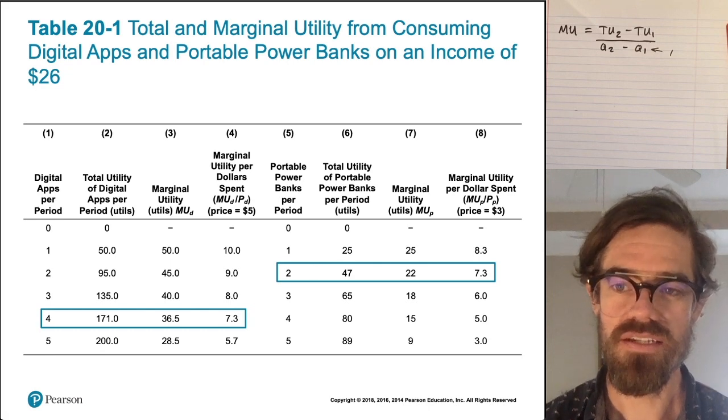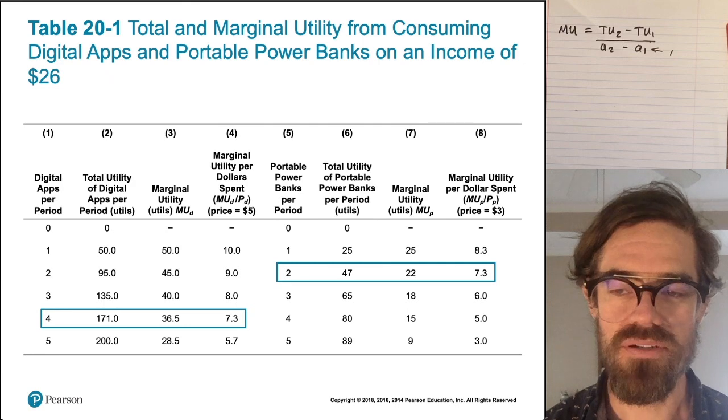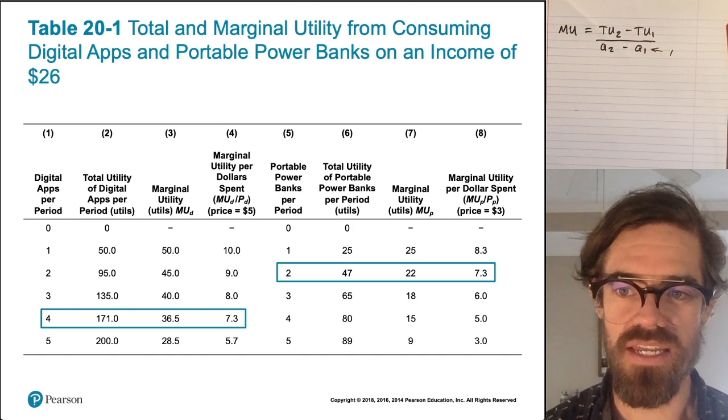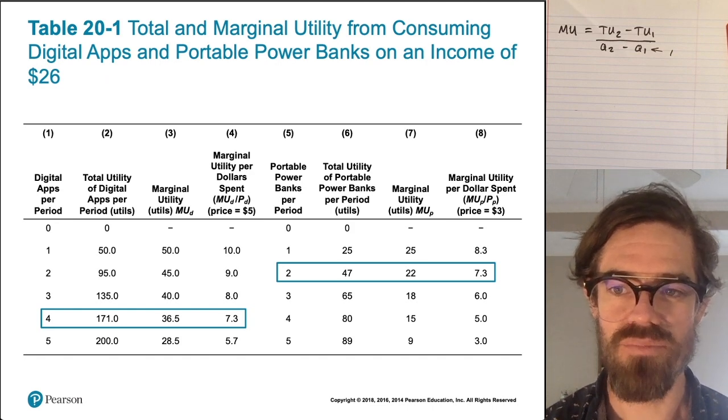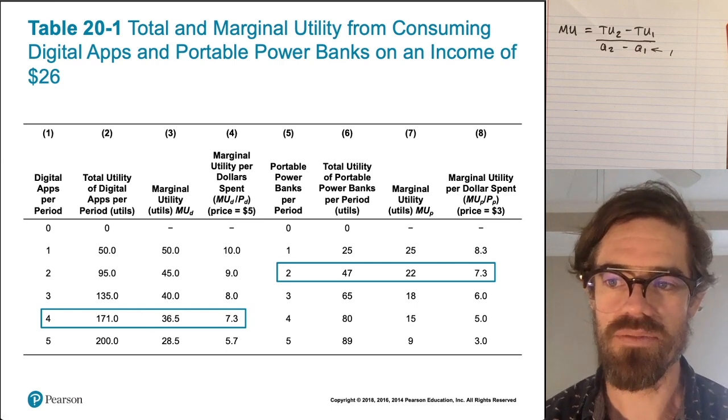But hopefully you came to the conclusion that the first digital app would give you the most satisfaction for your money. And that's because the marginal utility per dollar spent is 10, and that's the highest marginal utility per dollar. So the first thing you would buy if you were this consumer is that first digital app.